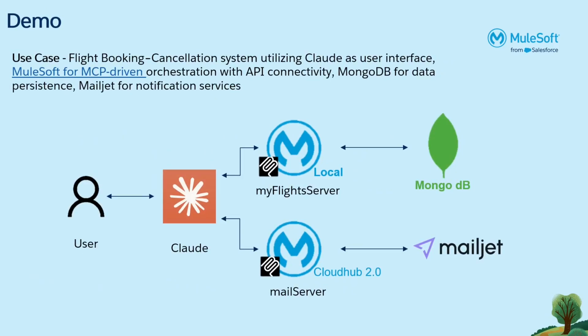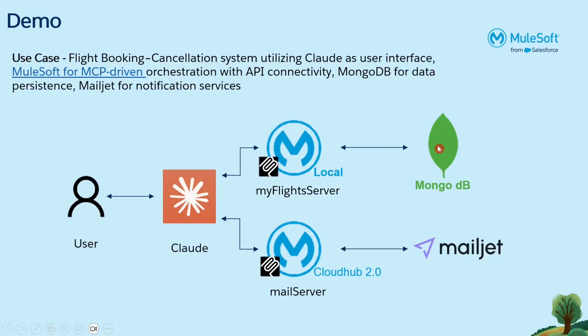So in this demo, I have created a flight booking AI agent, which is basically utilizing the Claude AI. And this Claude AI has the MCP host and the MCP client. My MCP server is basically on MuleSoft, wherein I'll be running this application locally, which is the My Flight server.